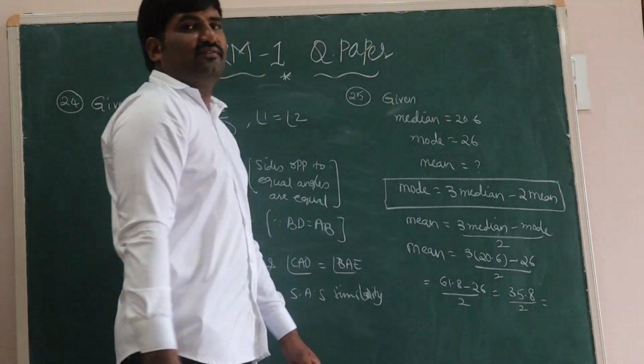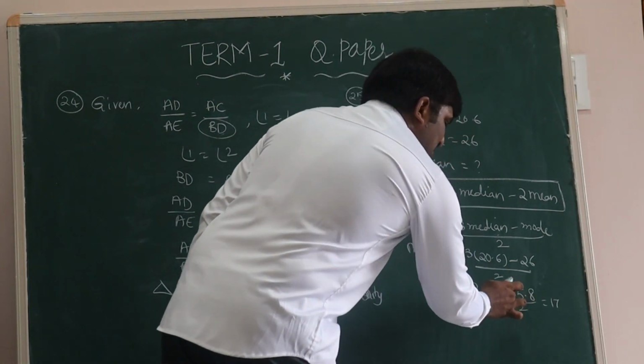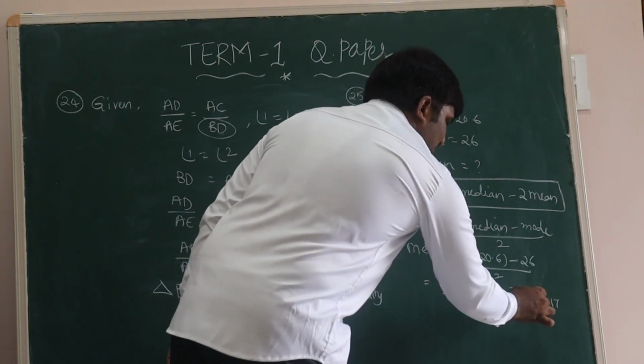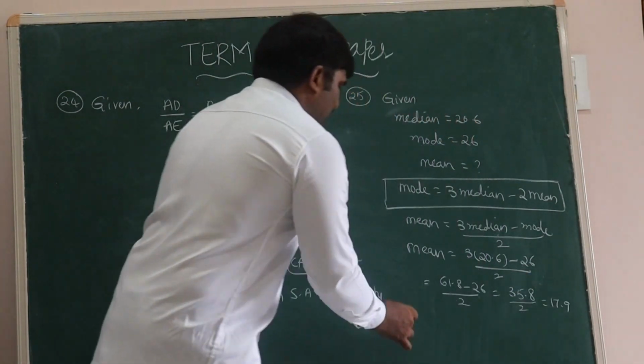Now you can divide 35.8 by 2 and you will get 17.9.